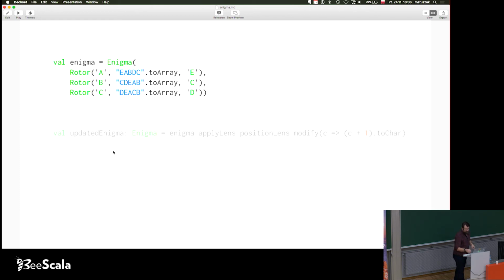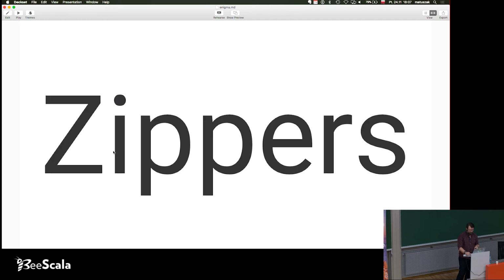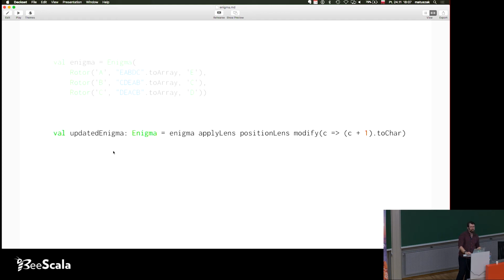If we make an instance of this Enigma machine, we can apply the lens which we previously defined, and modify the char by one. We will add one to char, and this will move our rotor one move forward. Okay, does it make sense? Or is it boring? No.